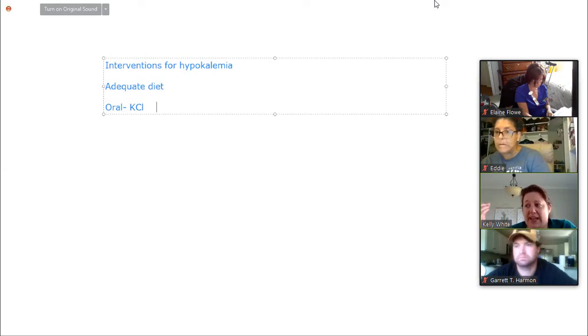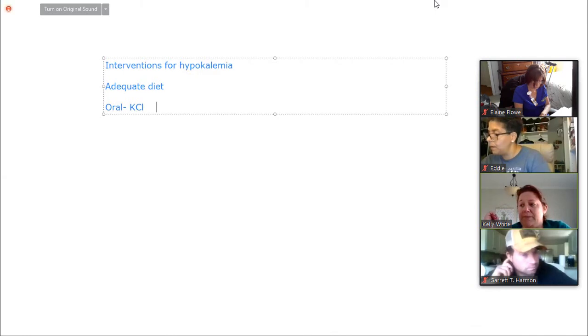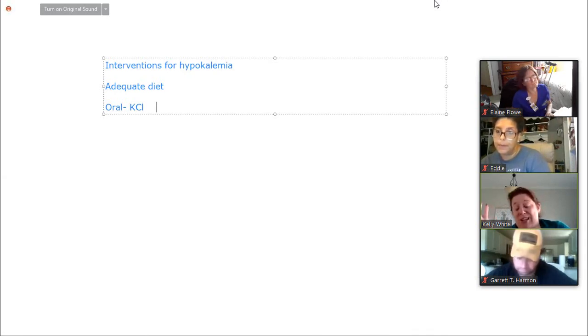So you can actually dissolve that tablet. They do not recommend crushing it, but you can dissolve it in applesauce or pudding to make it easier for them to swallow. Potassium is usually an extended release, so that's why you don't want to crush it. But they do say you can dissolve it.